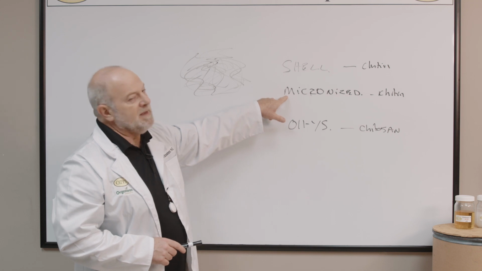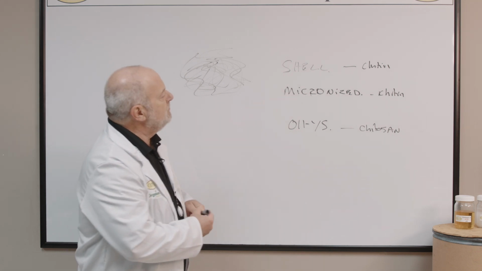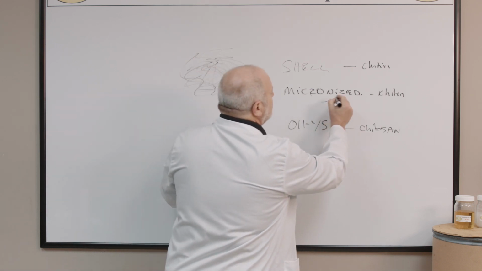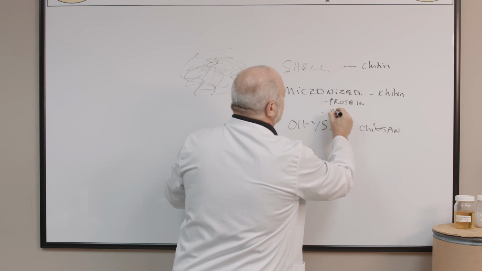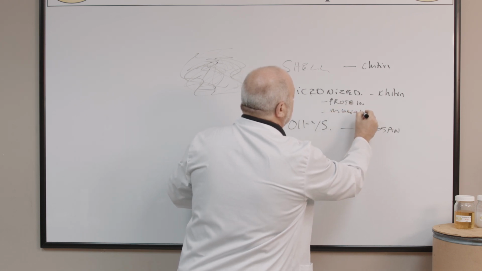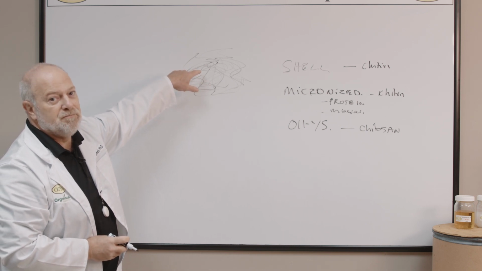And it's really the same thing with micronized chitin. All we've done with micronized chitin is remove the protein to an extent, and mineral. But you still have this fibrous mass that you're putting in there.